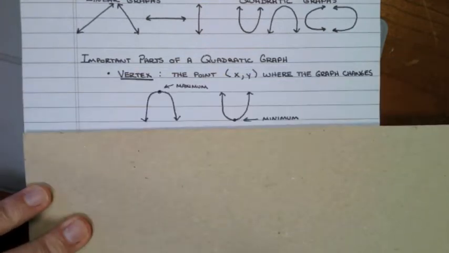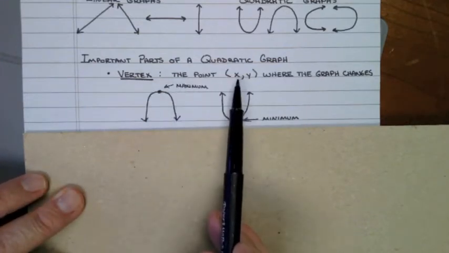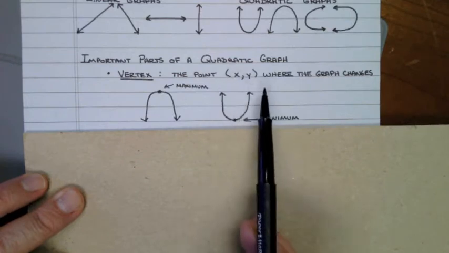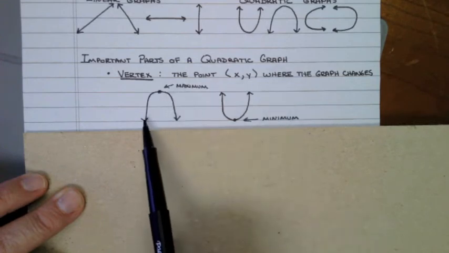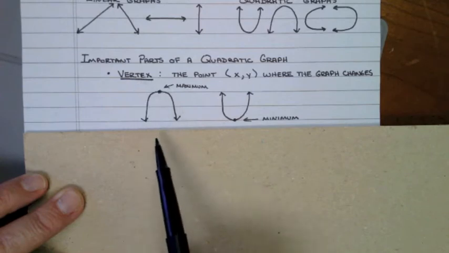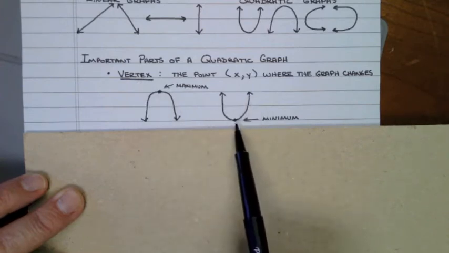One thing that you need to remember, sort of like remembering what the slope is on a linear equation or a linear graph, is you need to know what the vertex is. The vertex is going to be a point. That means it's going to have an x and y coordinate, and it's where the graph begins to change. That means if the graph looks like this, it's going to have a maximum that is a vertex. If the graph looks like this, it's going to have a minimum that is a vertex.